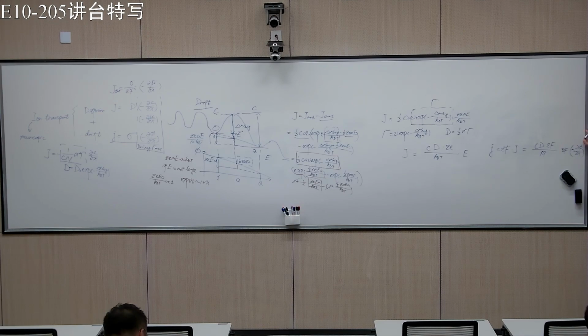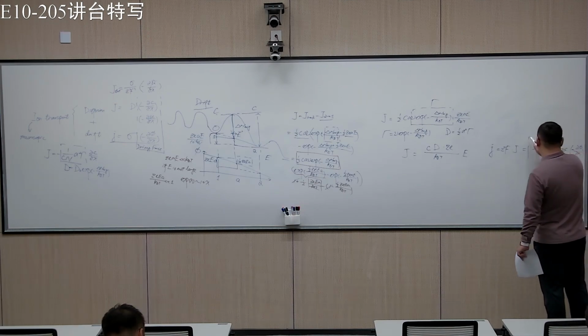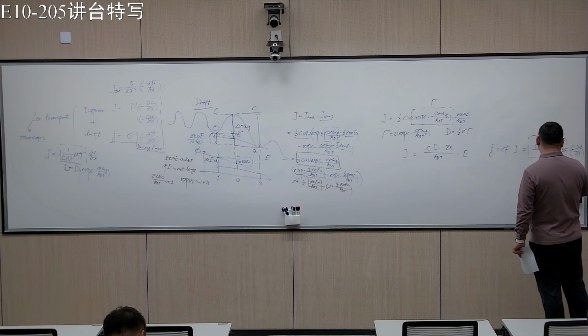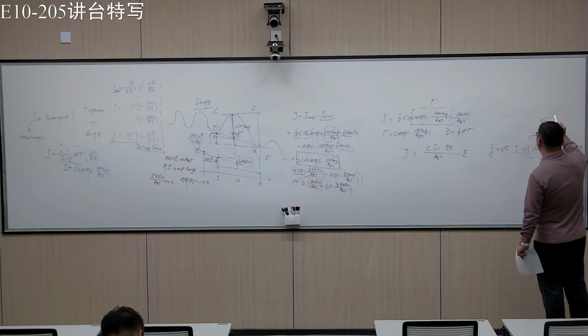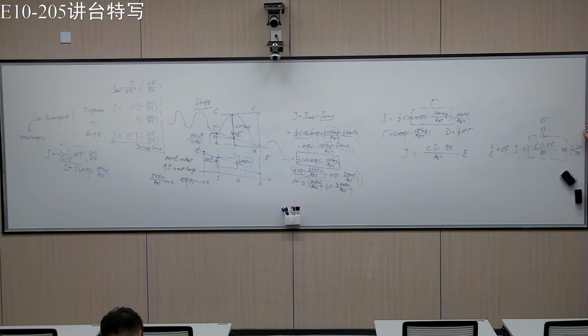Then this should be the conductivity, because we already get the microscopic expression for Ohm's law. This part is your driving force, the electric field, or the negative of the electrostatic potential gradient. Then this part has to be the conductivity.